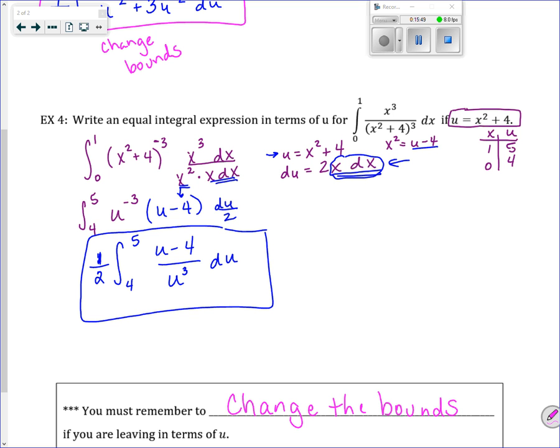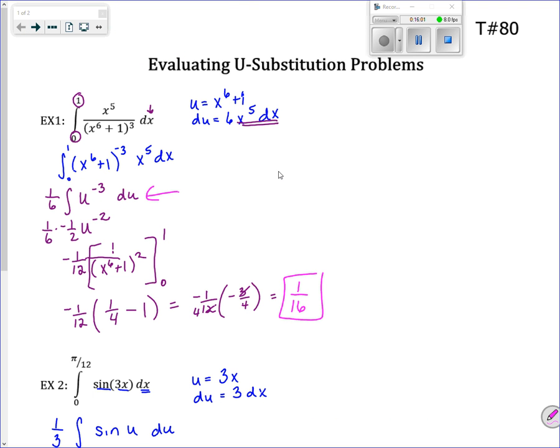I'm not sure which one I did. I get in such the habit because I know so many times they're asking me to leave it like this. I get in a habit of changing my bounds. So I'm actually going to go back, and I'm not going to work these problems again, but I'm going to do one of them and show you an option. Because if you see it on my paper, I want you to not go, what the heck is she doing?